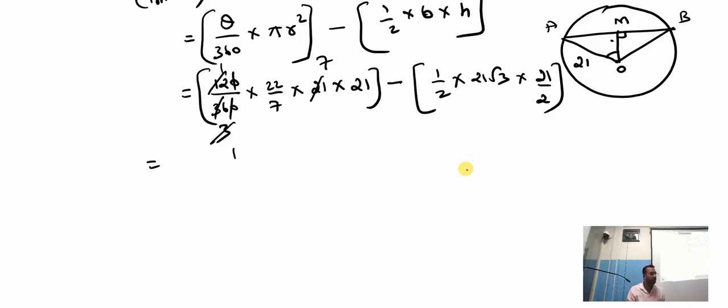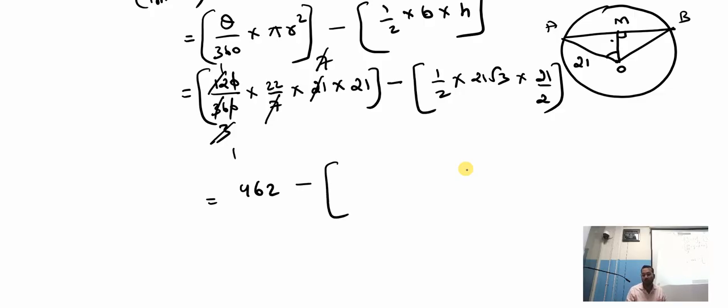Both the 7s get cancelled. Then left out is 22 into 21. 462.